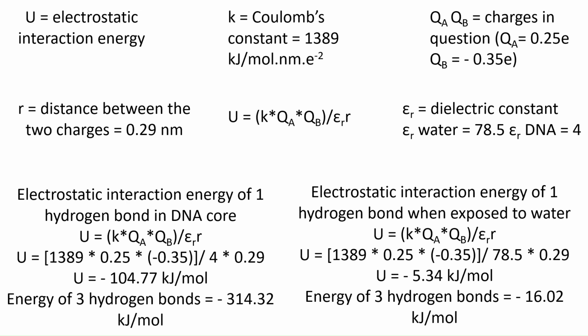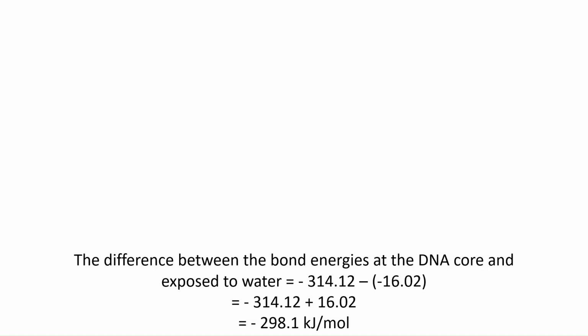Now, the question has asked us to calculate the difference between these two energies. So, the difference between the hydrogen bond energies at the DNA core and when they are exposed to the water will be, according to the numbers, minus 298.1 kilojoule per mole.